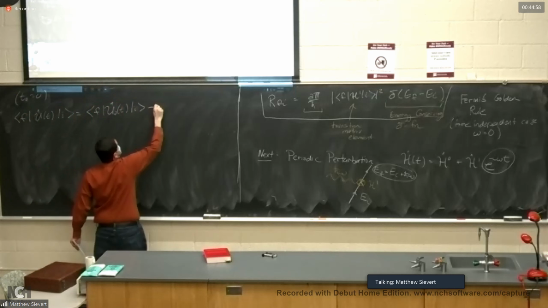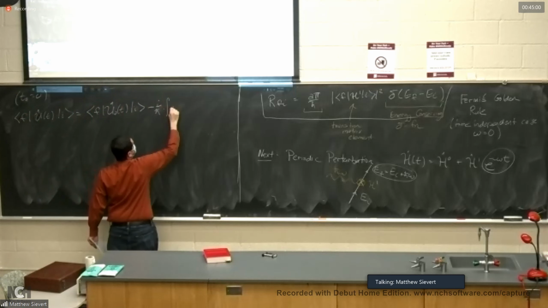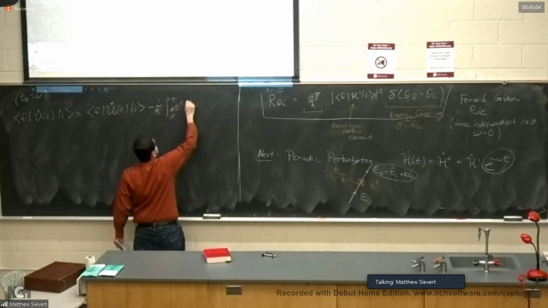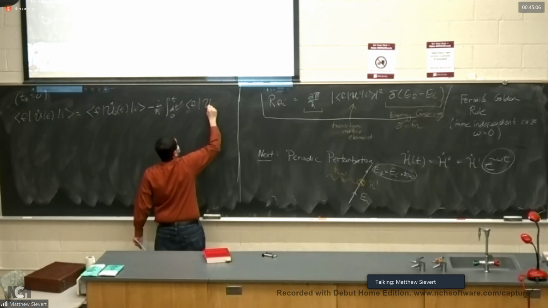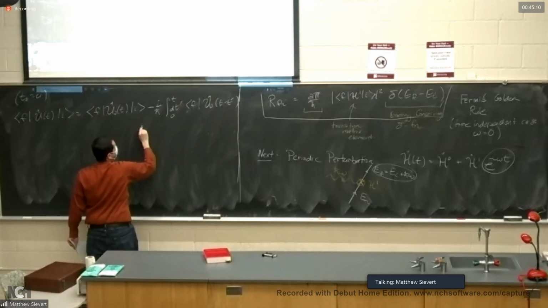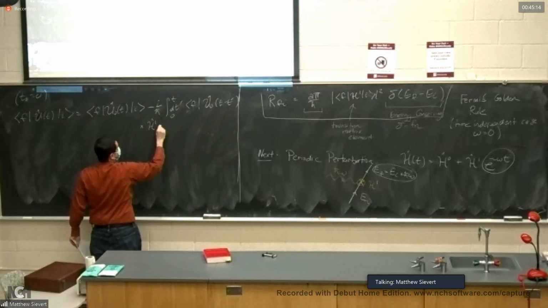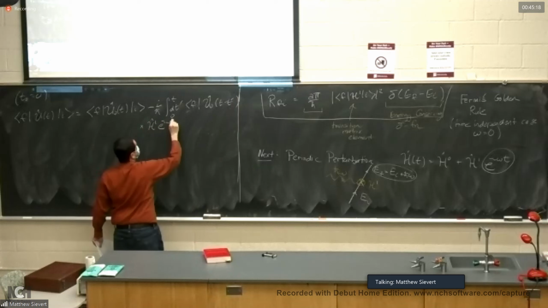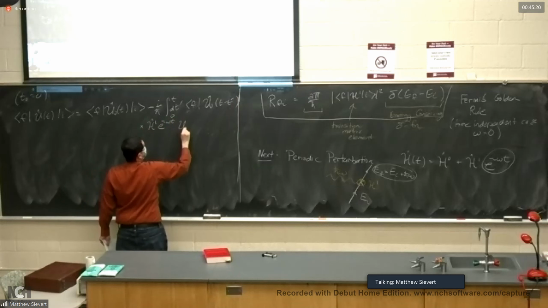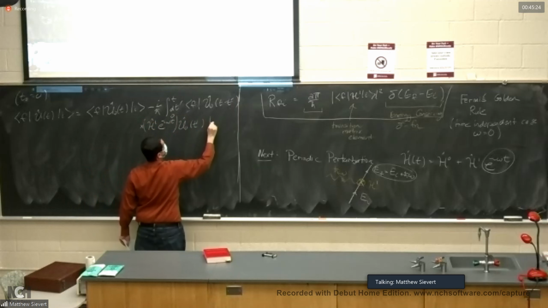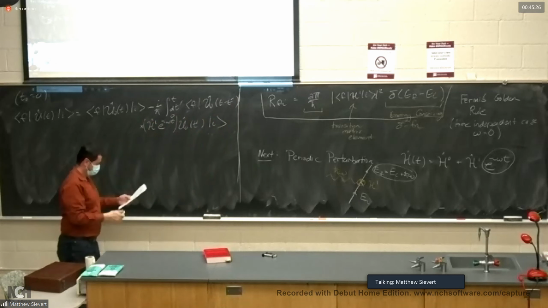Final state, Dyson propagator, initial state, minus i over h bar, integral dt' from 0 to t, final state, Dyson propagator to t from t' times perturbation H1, which is now H1 times e to the minus i omega t, times Dyson propagation U0 to t' from 0, initial state.